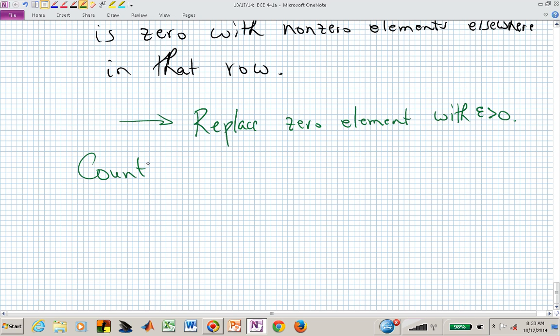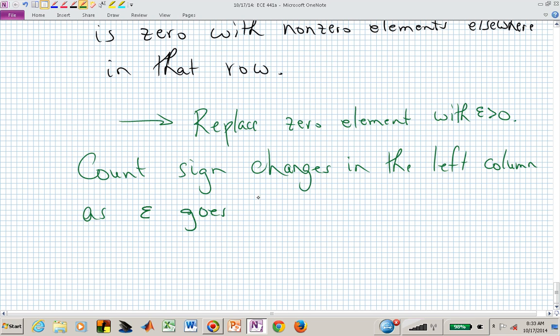We build up our array, and after we finish the construction of the array, we count the sign changes, again in the left column, as this parameter epsilon goes to 0.